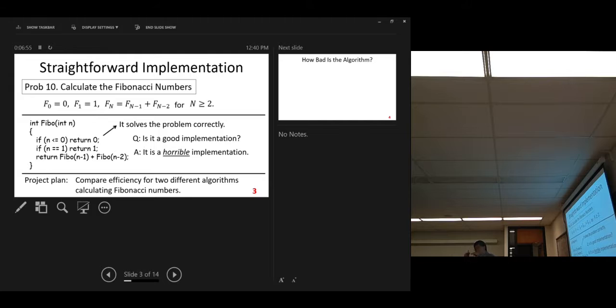So in your project, you need to do experiments. So given some n number, the n number should be large. If it is small, it's hard to compare. Remember, when we compare efficiencies, we want to compare when n is relatively large. When it is small, overhead may take more time, so we don't want to look at the overhead part.